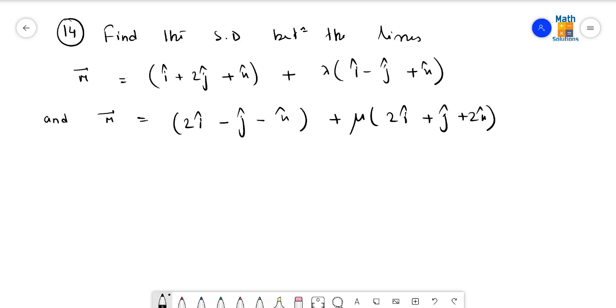So we have to find out the shortest distance between the lines, and the formula for shortest distance is what? SD could be found out this way.